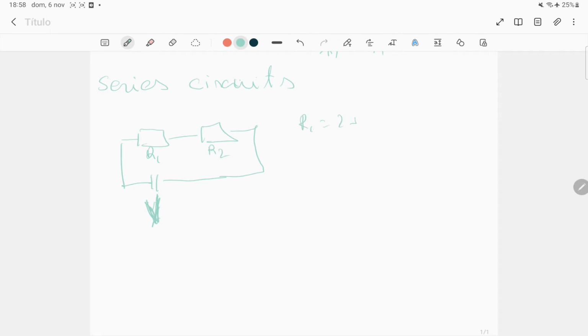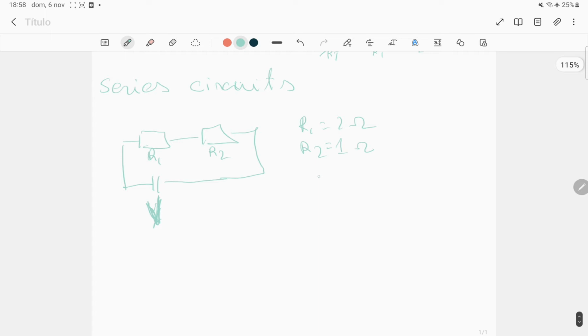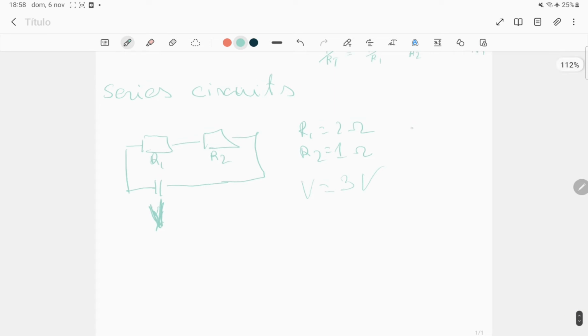R1 is 2 ohms, R2 is 1 ohm, and V is 3 volts. Okay? So, they are asking me for I1, I2, V1, and V2. Okay?